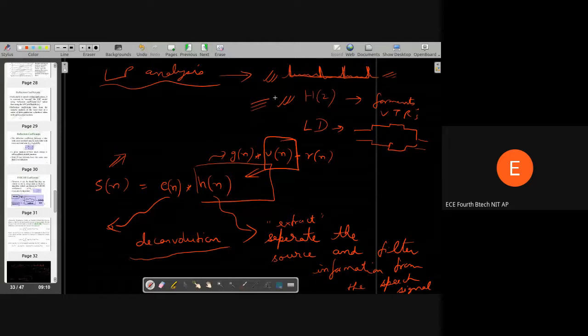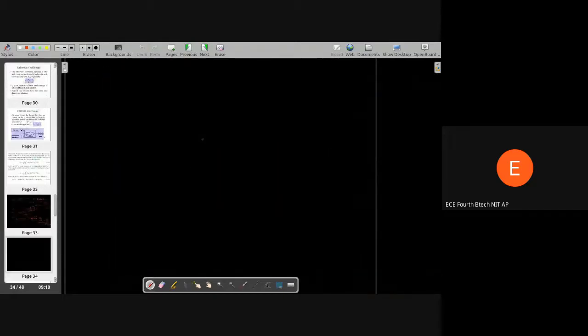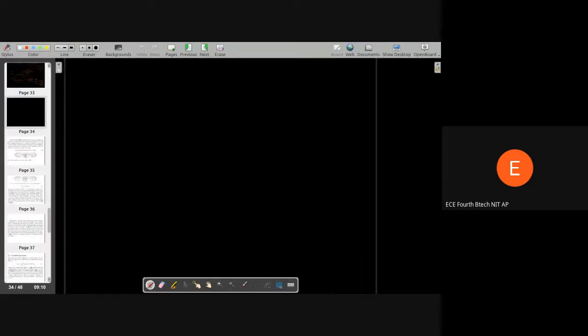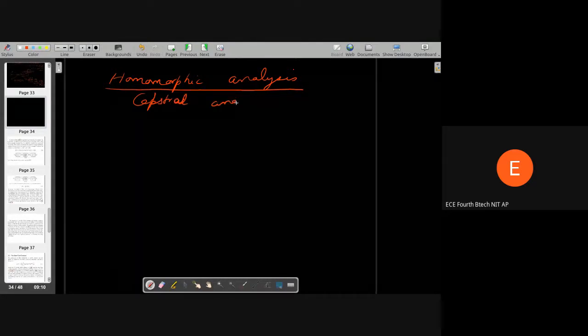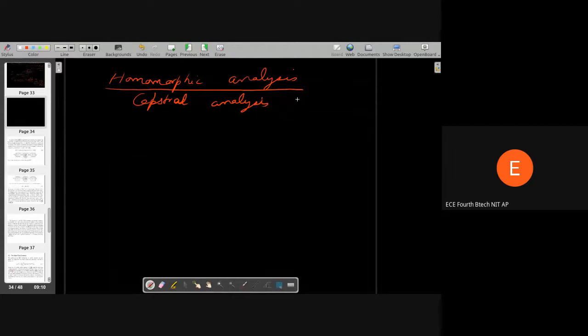So there is another technique that people use. In speech processing it is called homomorphic analysis, or more popularly known as Cepstrum analysis, or Cepstrum.